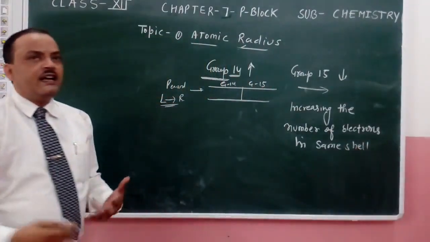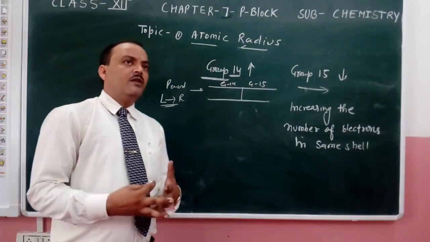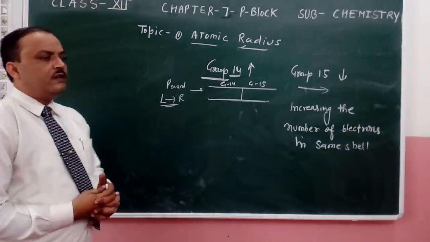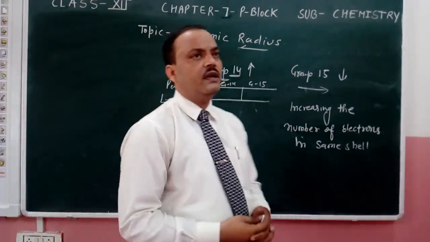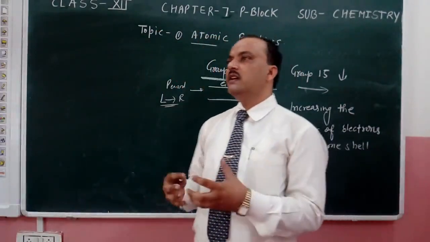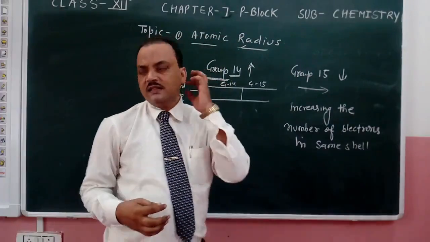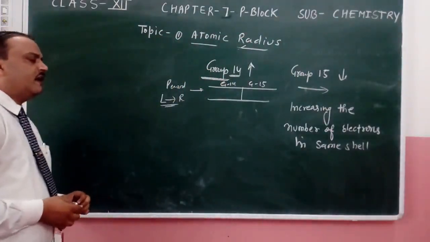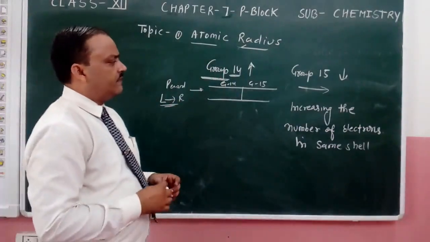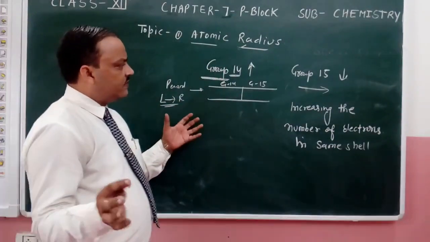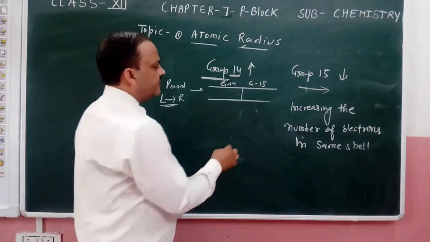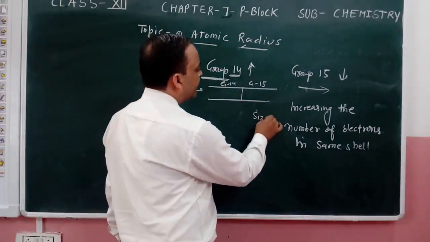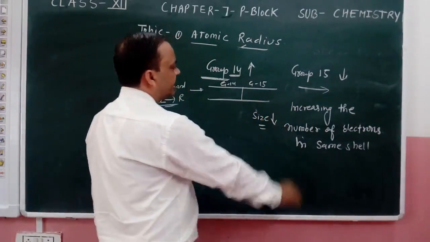So when we increase the number of electrons, the value of Z effective increases. The nucleus applies more force of attraction on these electrons, so the size will decrease.